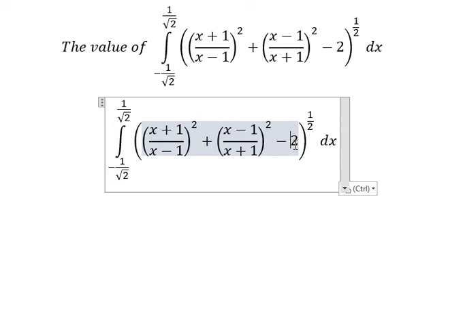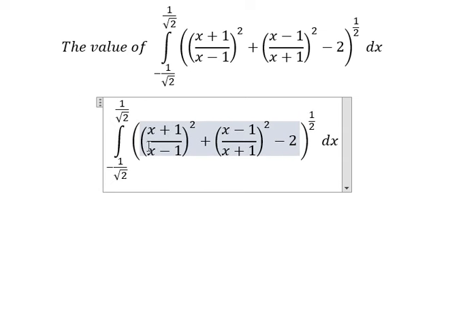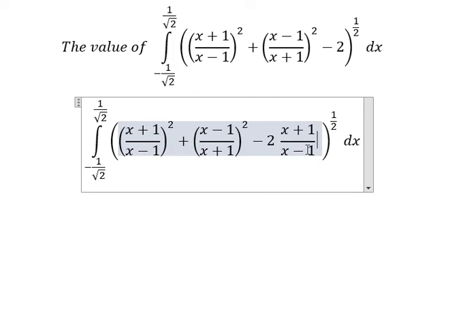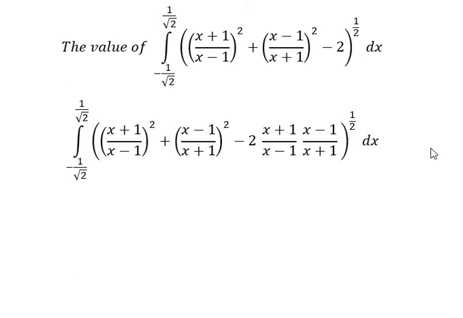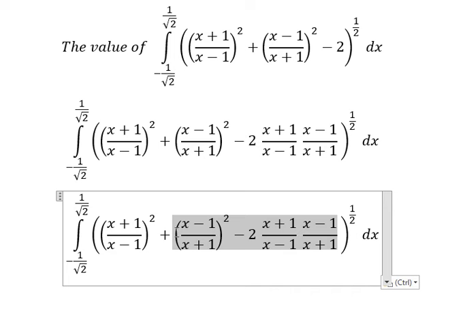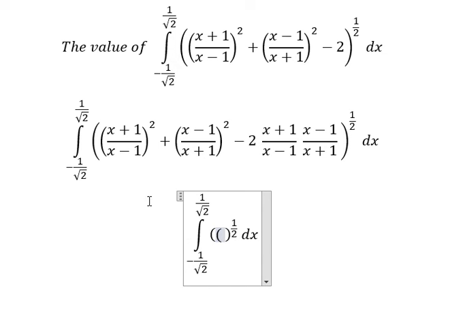About this one, I can write (s plus 1)/(s minus 1) multiplied by (s minus 1)/(s plus 1). If we look carefully, this is an identity, so I can write like this.